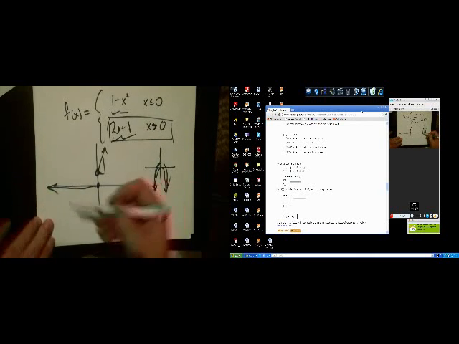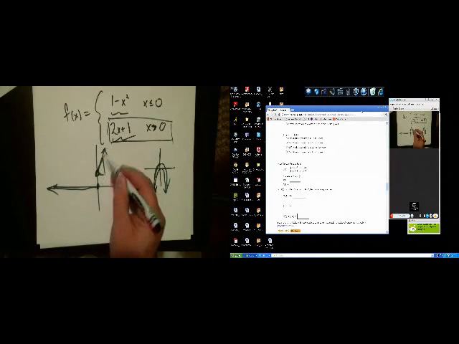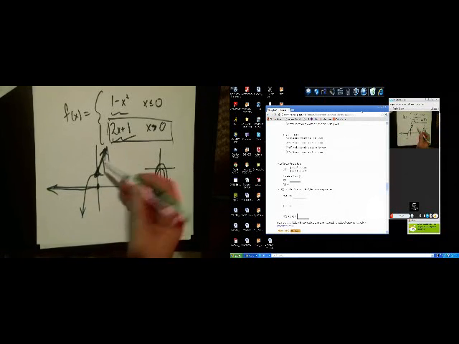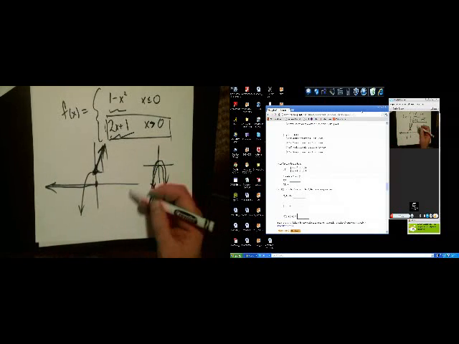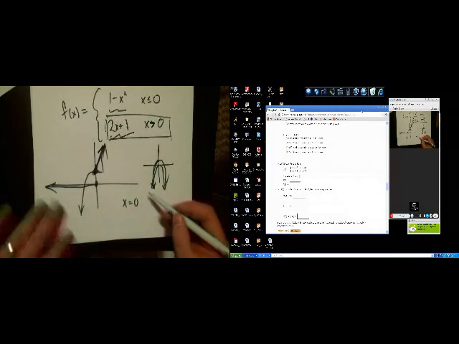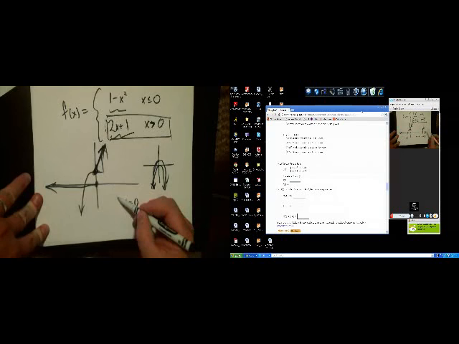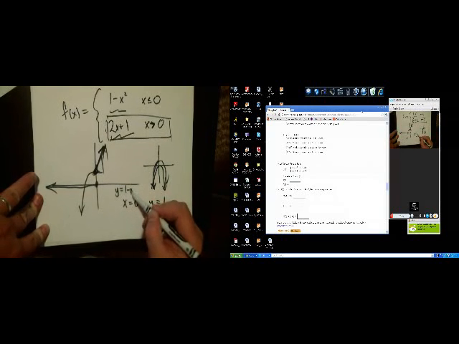Okay. So to the left, we're going to get something that looks like this. And you can always plug in points. I could plug in x equals 0, and I would get y equals 1 if I'm looking at y equals 1 minus x squared.